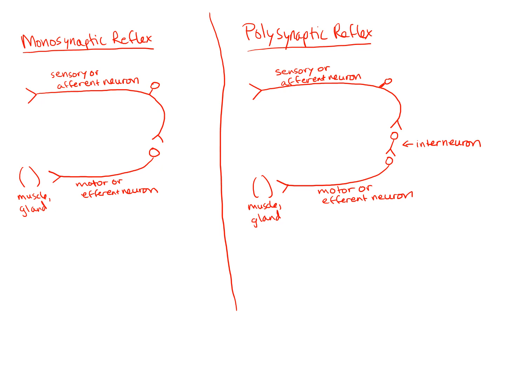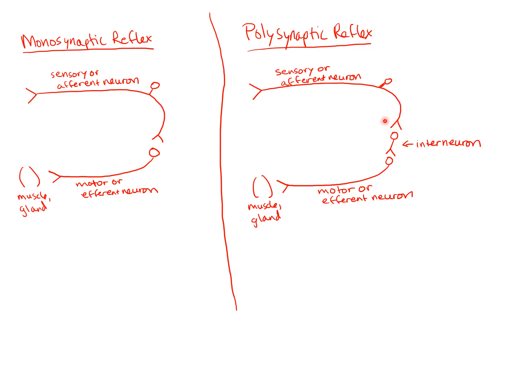So here's just a picture of a monosynaptic and polysynaptic reflex. So the monosynaptic reflex, we just have one synapse in between the sensory neuron and then the motor neuron. So there's just the one synapse there. And then a polysynaptic reflex, poly meaning many, we're going to have 2 or more synapses.